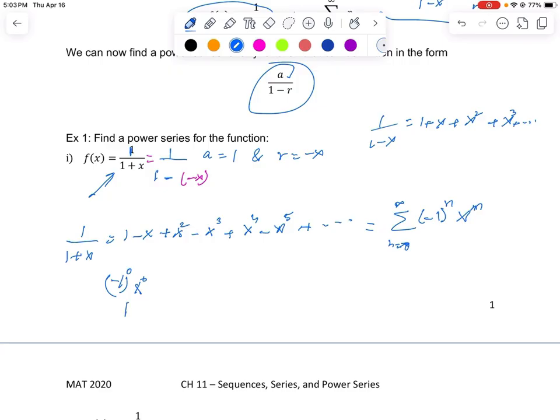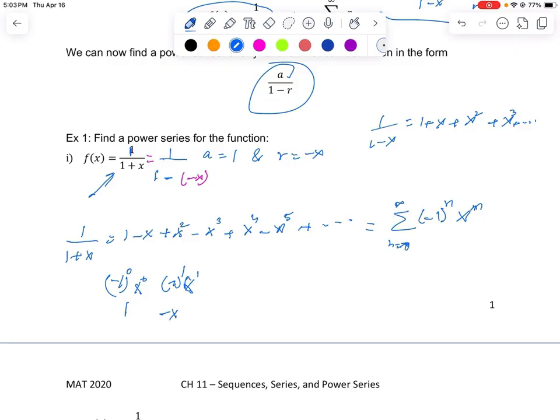Then when I plug in the next value of n, which is 1, we get negative 1 raised to 1, and x raised to 1. So I will get negative x, and so it means our power is correct.